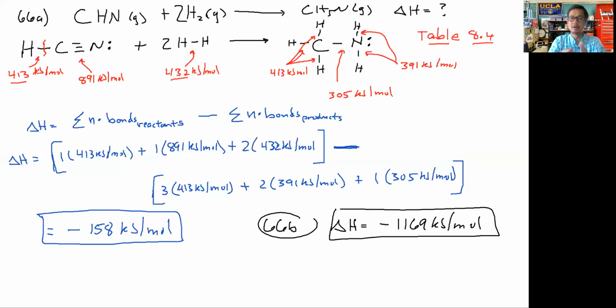Obviously, we can't see these bonds. These bonds are made from electrons. So this is our best way of explaining it based upon the data that we can collect, for example, bond energies and spectroscopic data, which I'll point out to you. We will do photoelectron spectroscopy towards the end of this chapter 9.